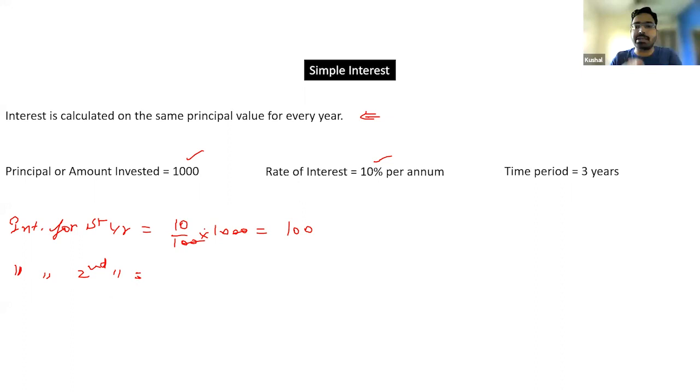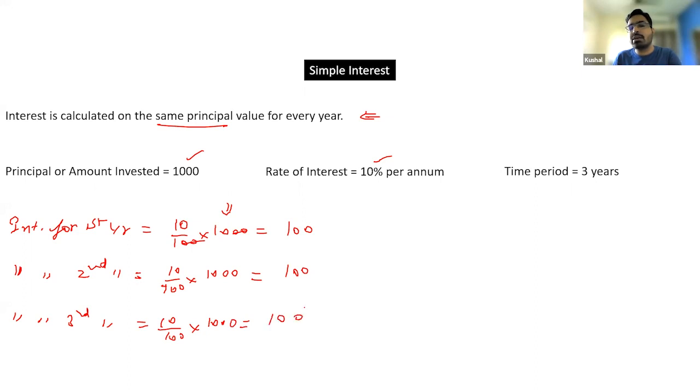That means for the second year also it is going to remain 1,000 rupees. This is the principal value that we are saying is the same for every year. So you are charging 10% on 1,000, that is again 100. If I calculate it for the third year, I'm going to do the same thing, which is 10% of 1,000, equal to 100. So if you look at these 3 years put together, the interest generated is 300.